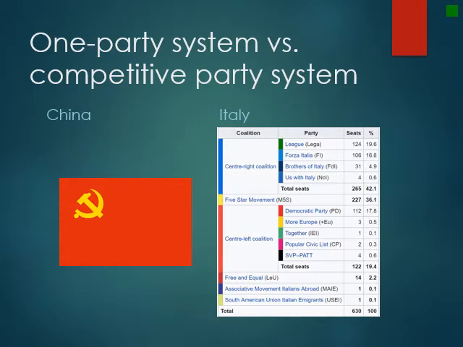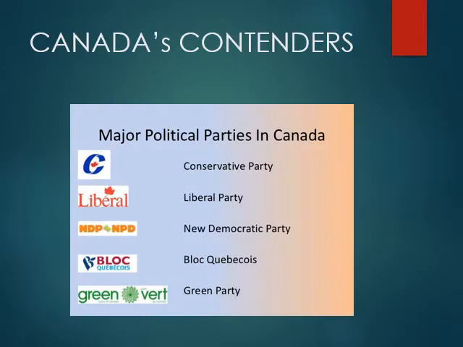So in recent history, as I mentioned before, we typically have about 5 parties that are genuinely vying to become members of government. Some of these are much more successful than others.